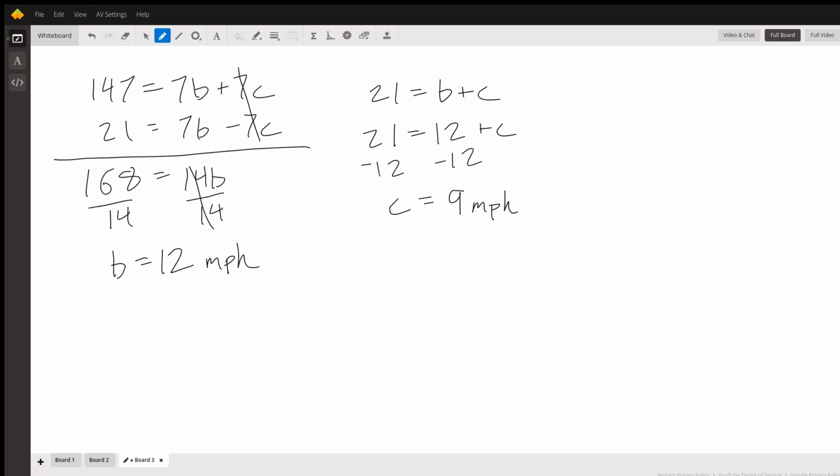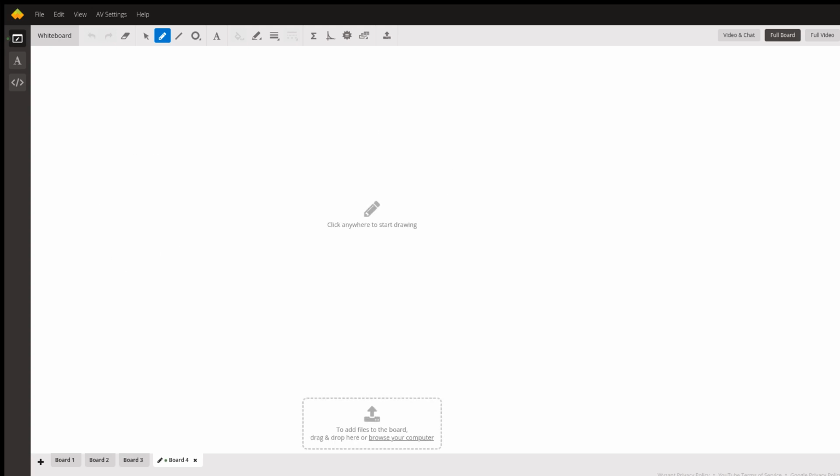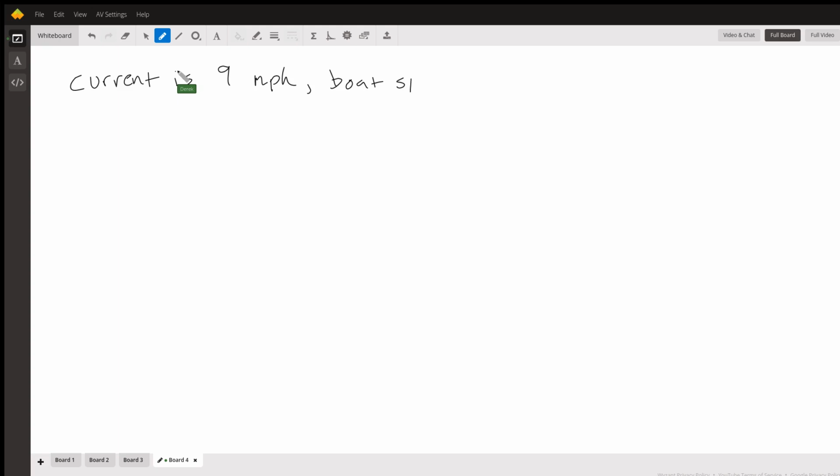And then lastly, it might be a good idea just to check that. So the current is 9 miles per hour. The boat speed was 12. So if I go with the current, I'm adding my two speeds.